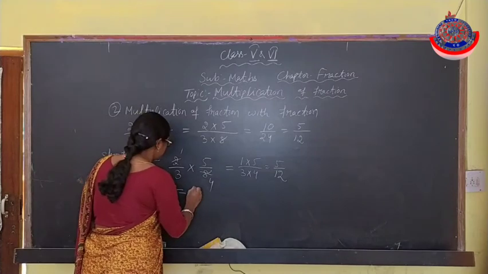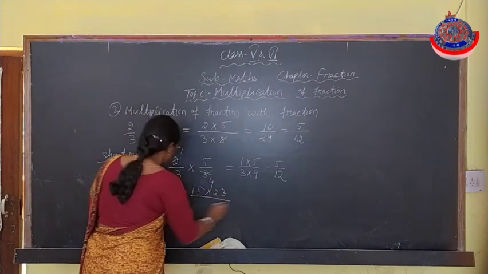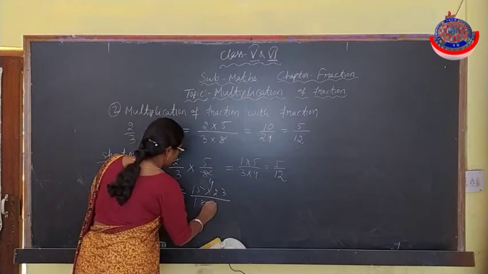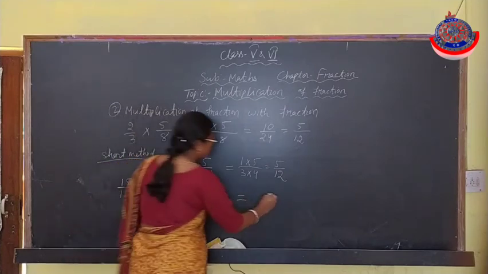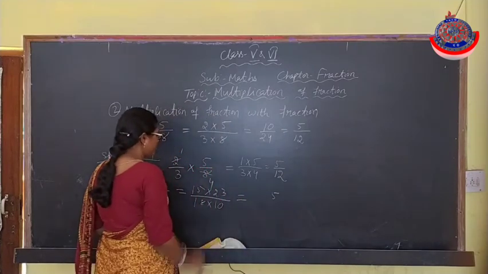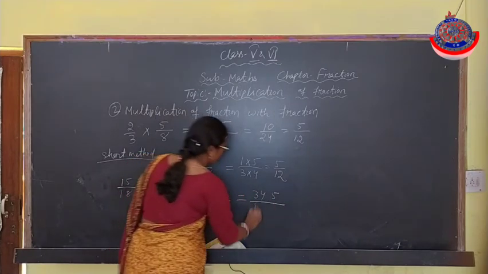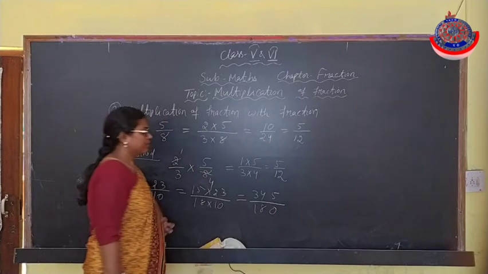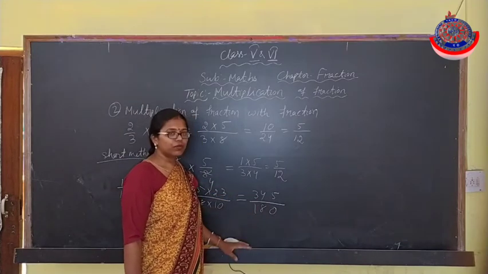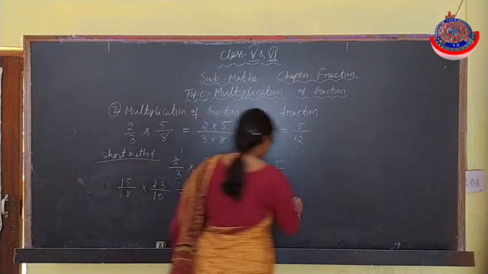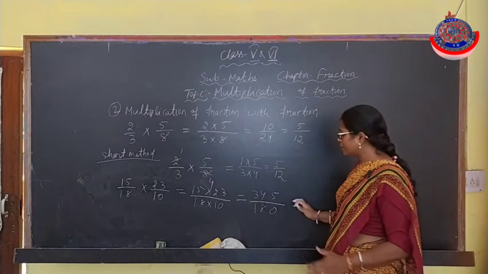Now multiply 15 into 23 by 18 into 10. Now check: 15 3s are 45, 15 2s are 30, 345 divided by 180. Now we have to cancel. You have to take the HCF here and then divide it. It will be quite difficult.